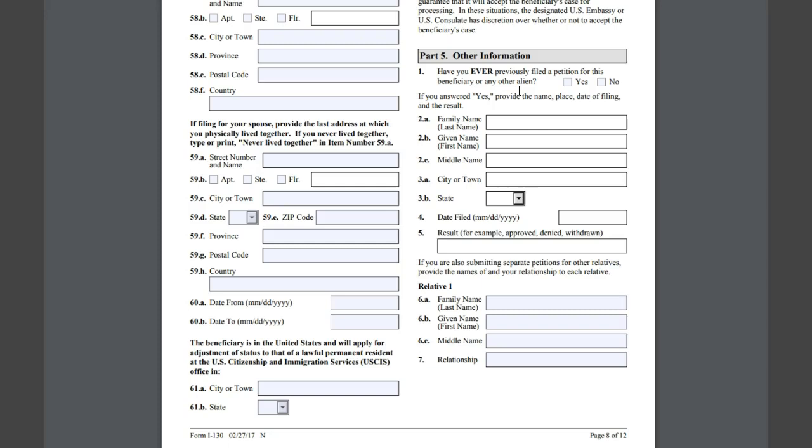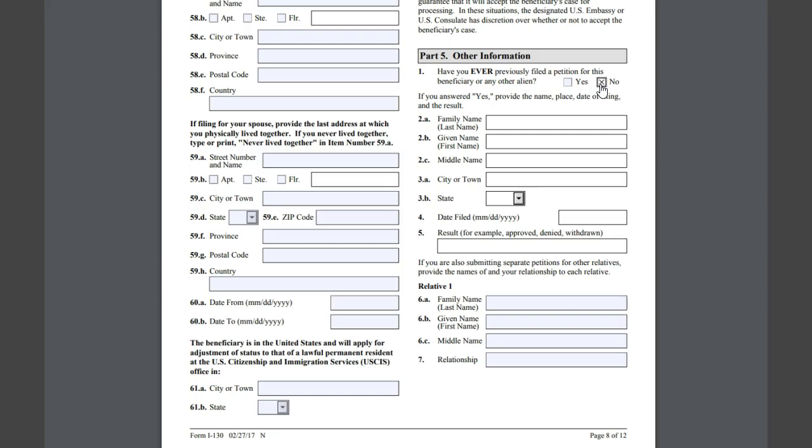So if you're filing right now for your wife, and this is the first time, but you previously filed a petition for your dad, you will say yes. But you will say no if you never filed a petition in the past.